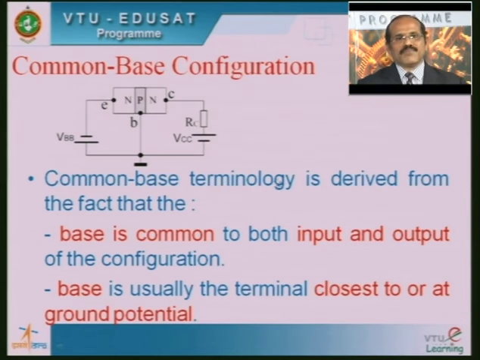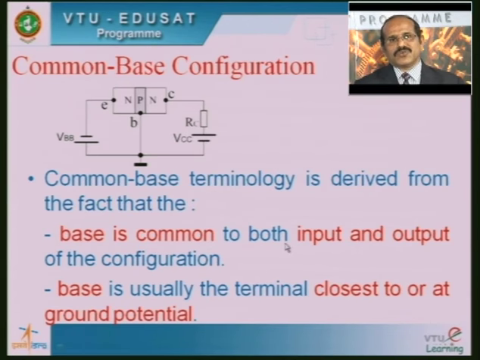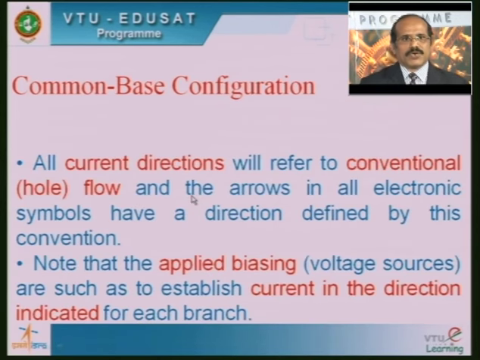Please note that in the common base configuration of BJT, the base is common to both input and output. Input here is emitter and output is the collector. The base is usually the terminal closest to or at ground potential, which is why the base is maintained at ground potential here.